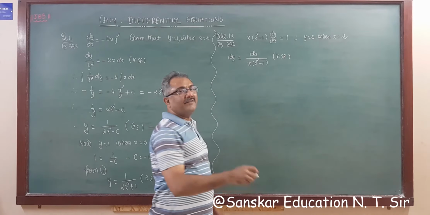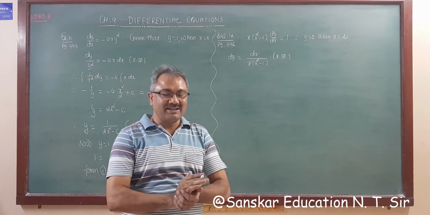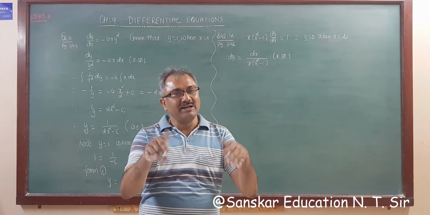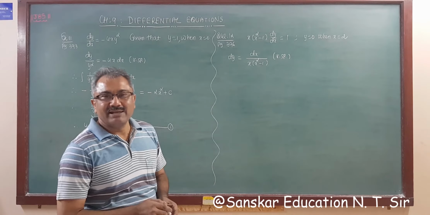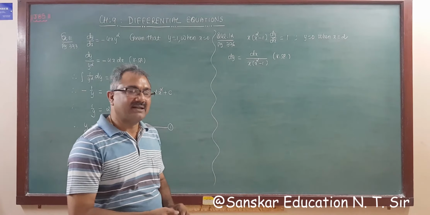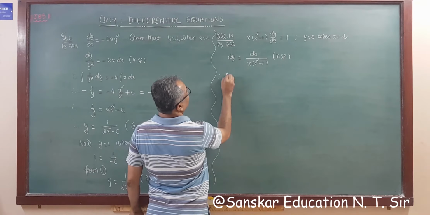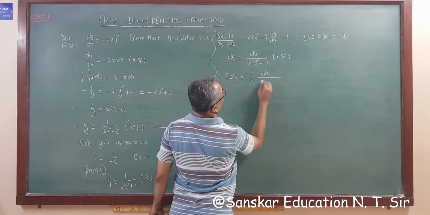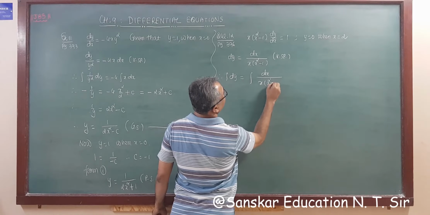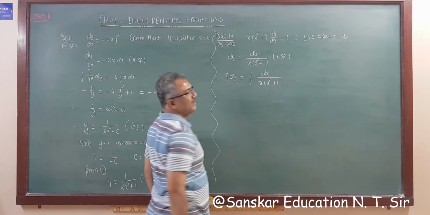After identifying that the given differential equation is variable separable, it is very easy to get the answer, because you only have to do simple integration, which you learned in indefinite integrals. So integrating, we get integration dy is equal to integration dx upon x into x square minus 1.